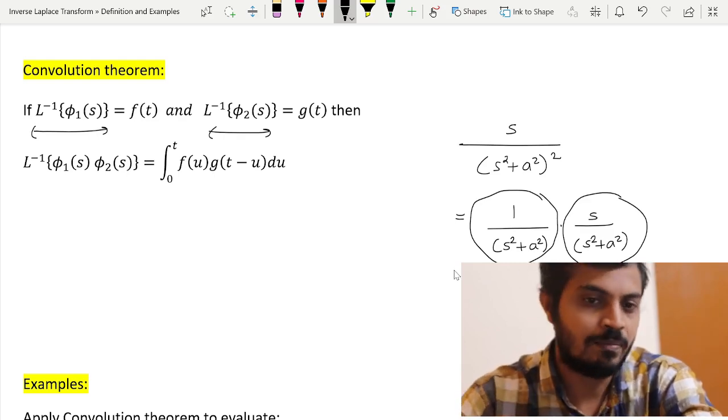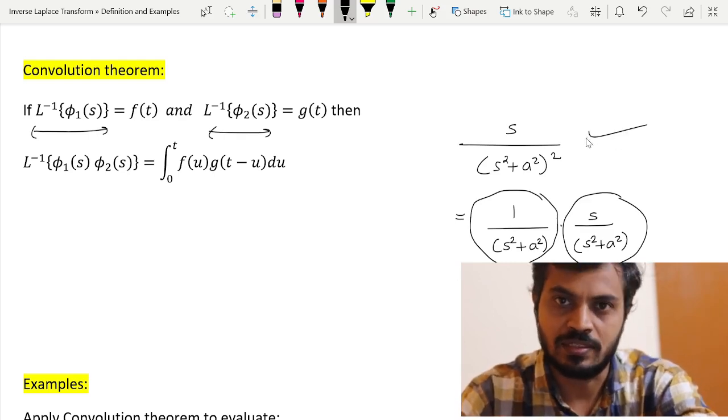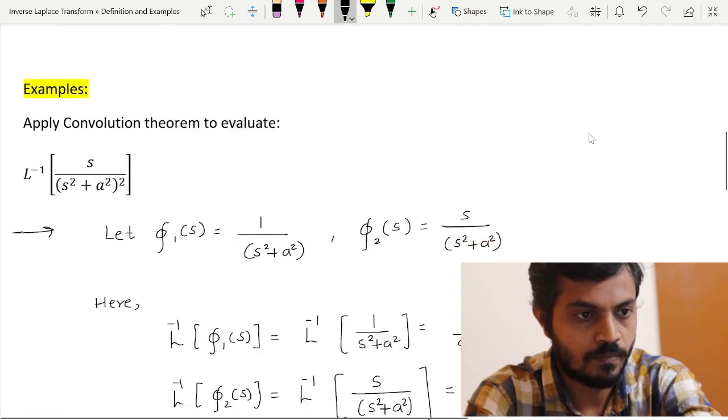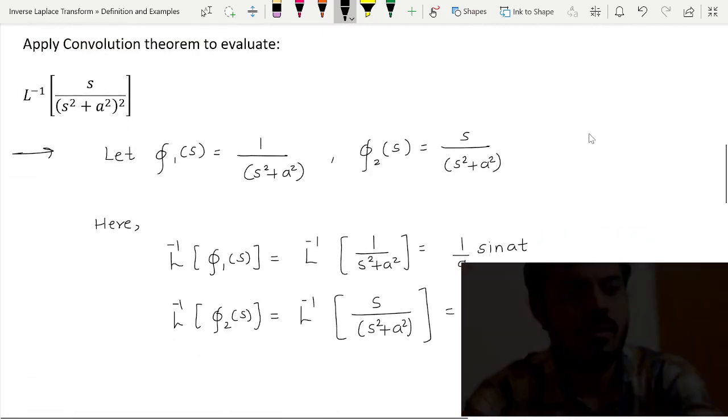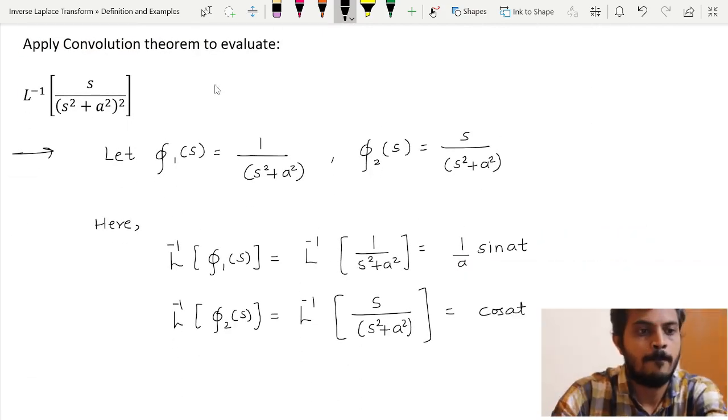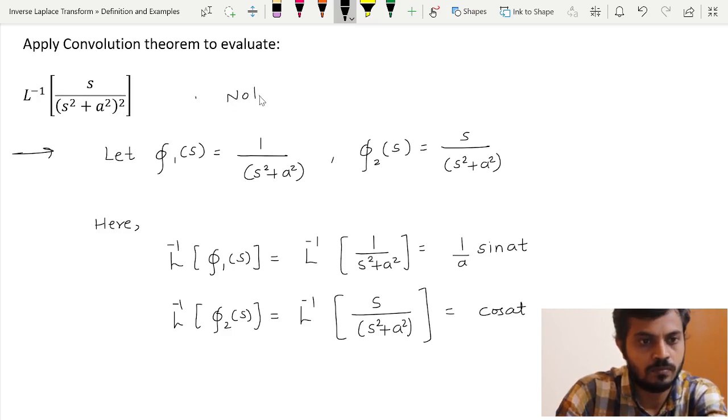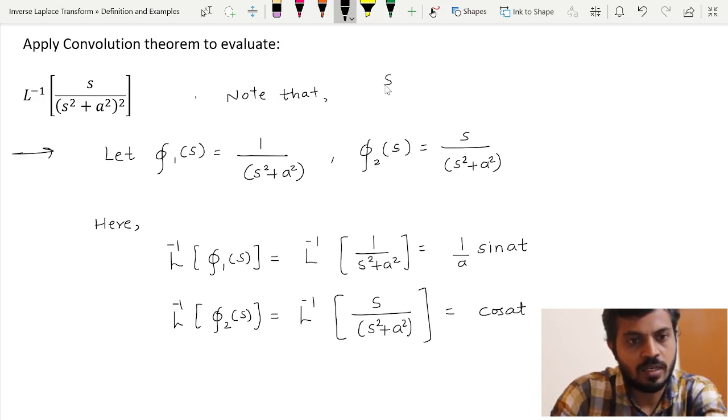Let us jump into the example. Let us see this example itself. Over here, note how can you write this s upon s square plus a square whole square?